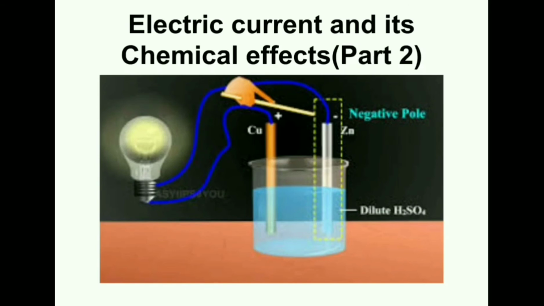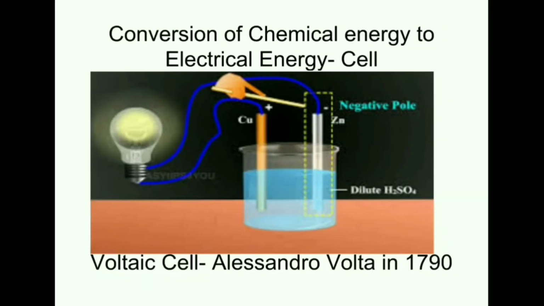Today we are going to start our topic electric current and its chemical effects part 2. We have already studied in junior classes that energy can be converted from one form to another.